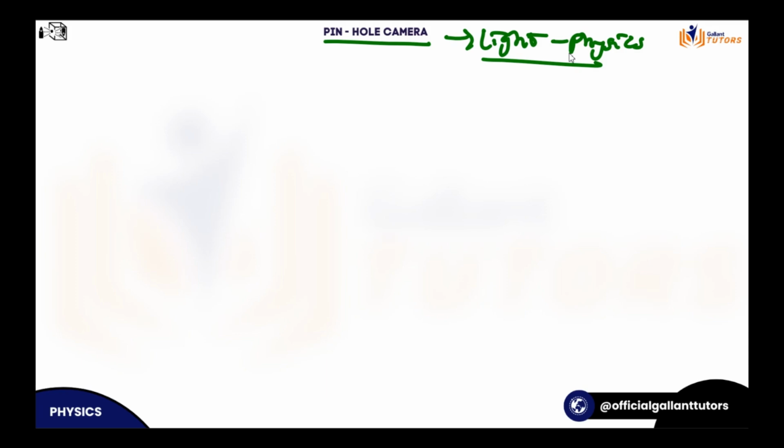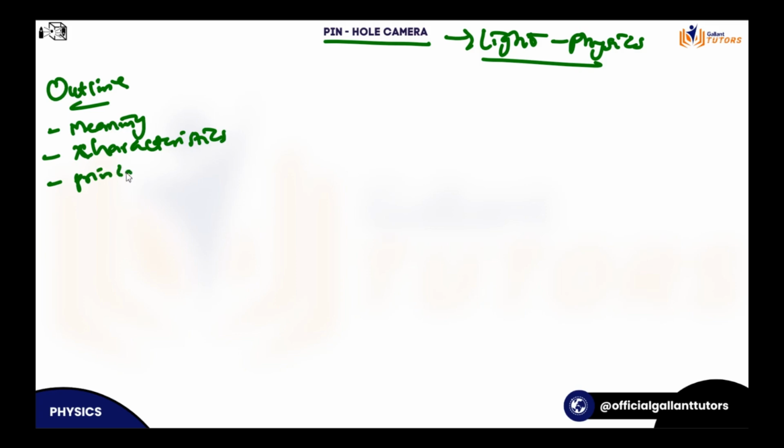Just like every other lecture, there's an outline for this lecture. First, we have to know the meaning: what is a pinhole camera? Then the characteristics, and the principles behind the pinhole camera as a whole.